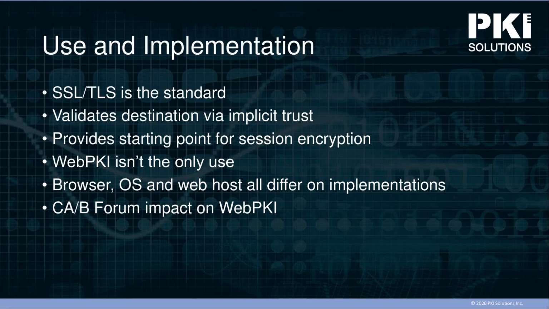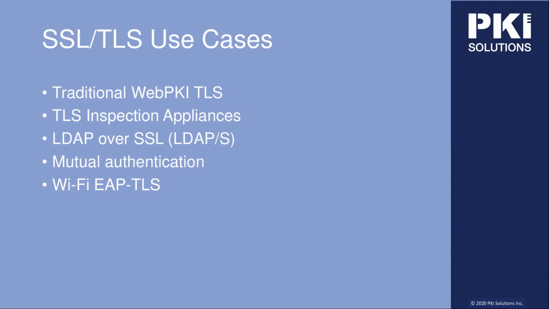This doesn't necessarily affect other types of implementations, but it does cause an impact. If we're used to seeing one particular behavior on a Wi-Fi Radius server and our browsers and web hosts are doing something different, it does cause confusion. There is impact because it just gets people thinking about things differently.